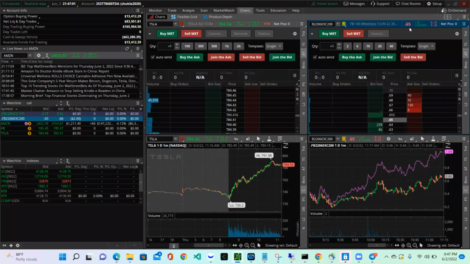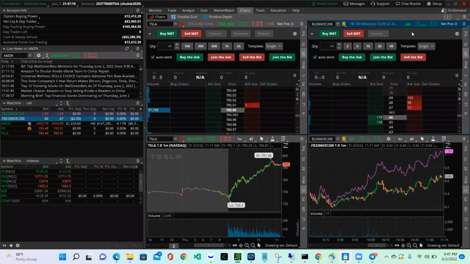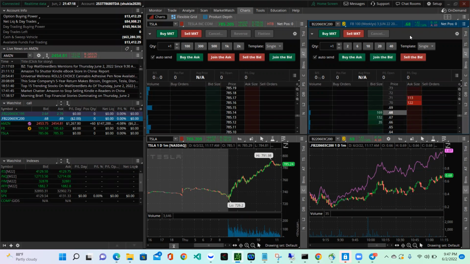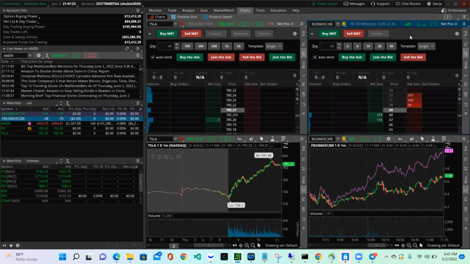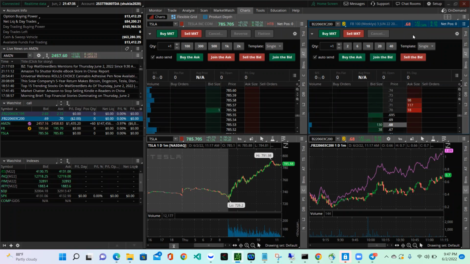So the cost of your option contract is $68. That's why option prices are not really 68 cents. They look like they are, but it's actually $68, the cost of that one contract.